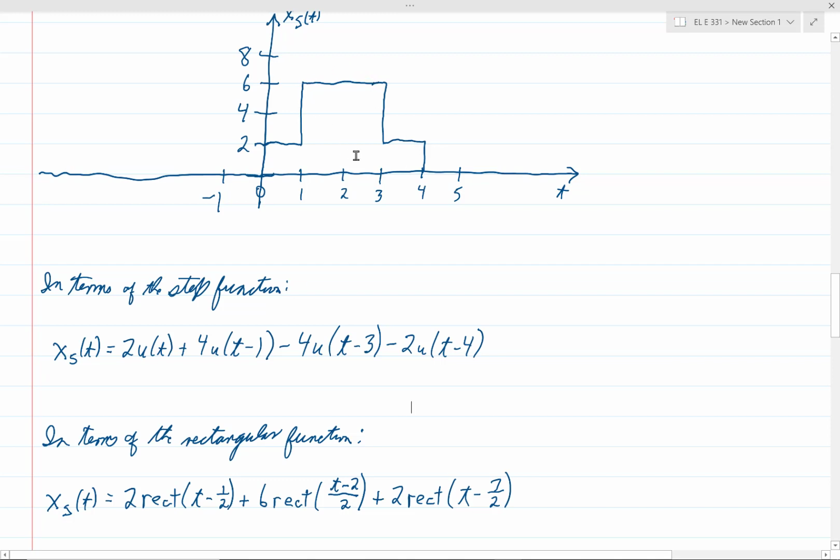And then finally we have this middle portion, and because it goes up to 6, we'll multiply by 6 out here, and it's centered around 2, so we have t minus 2 in the numerator. But now for the denominator, the width goes from 1 to 3, so that's a width of 2, so we have to divide by 2 to get that width of 2. So here is one way to write this function in terms of rectangular functions.